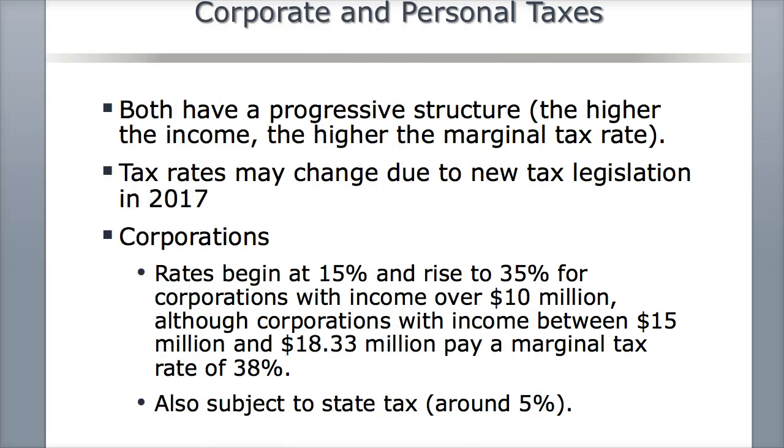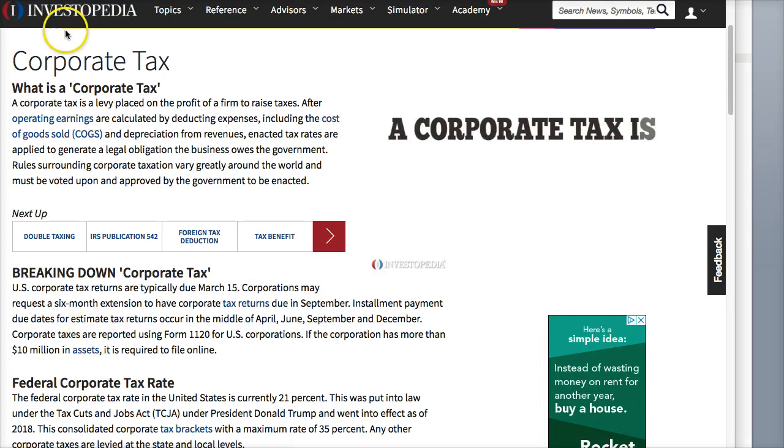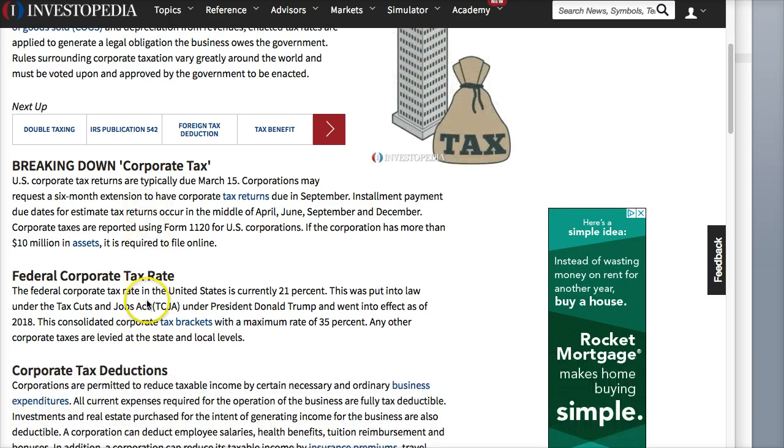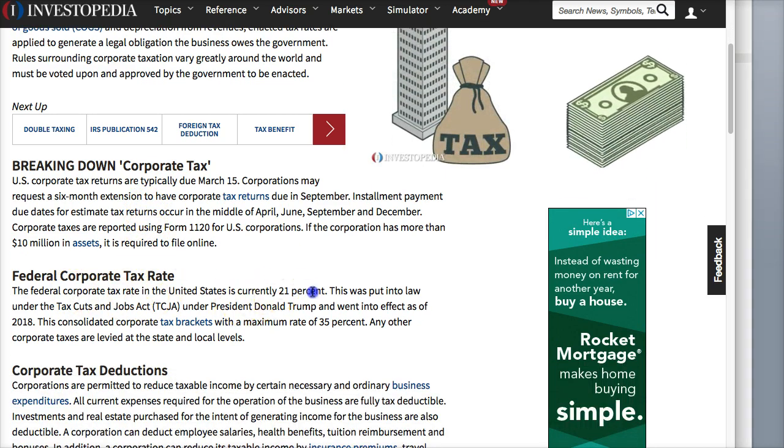Now, in 2018, a new law was passed, and those tax rates were switched to a flat tax, and the flat tax for corporations is now, I believe, 21%. Just jumping over to Investopedia and double checking that the federal corporate tax rate is 21%.